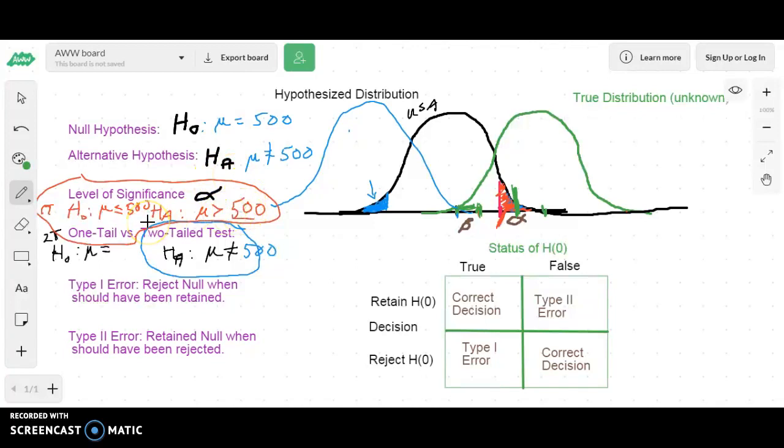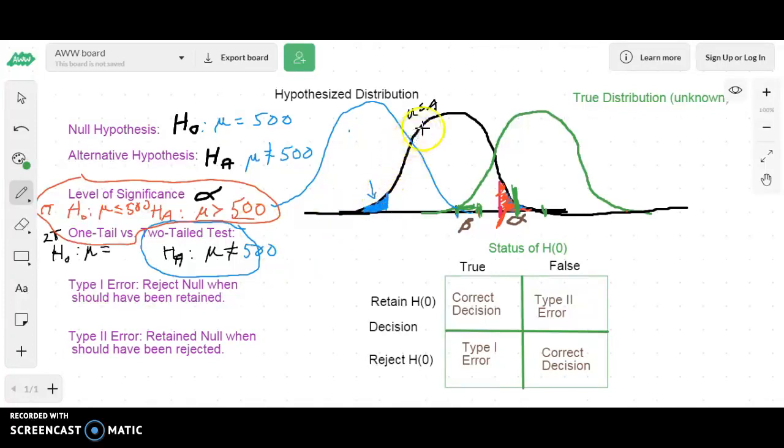So we've established for this example that the null hypothesis is that the mean score for students in New Jersey is less than or equal to 500. And our alternative hypothesis is that the mean test scores of the students in New Jersey are significantly greater than 500.